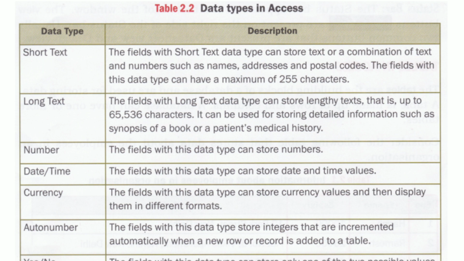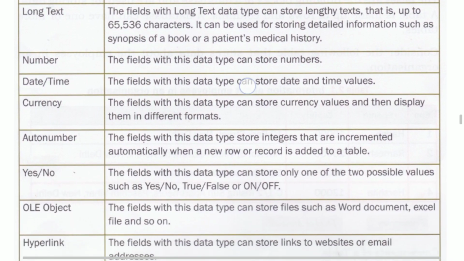It is the combination of text and numbers such as names, addresses, etc. This field size can contain data up to 255 characters.